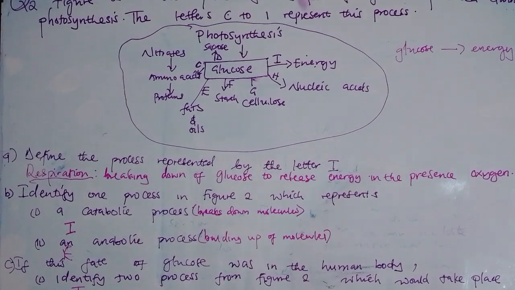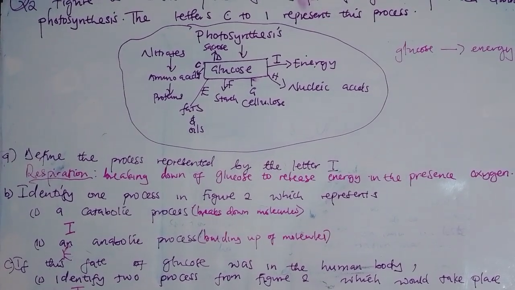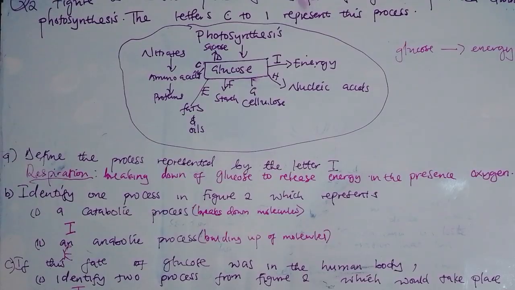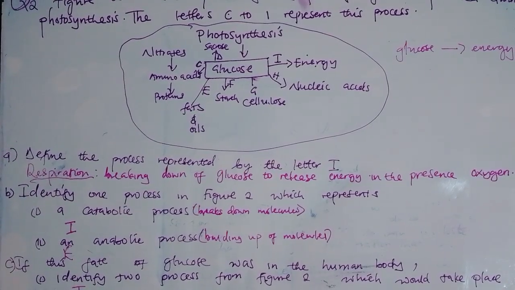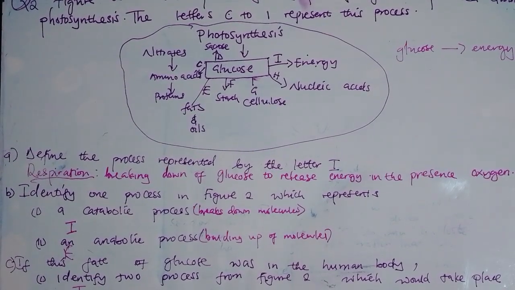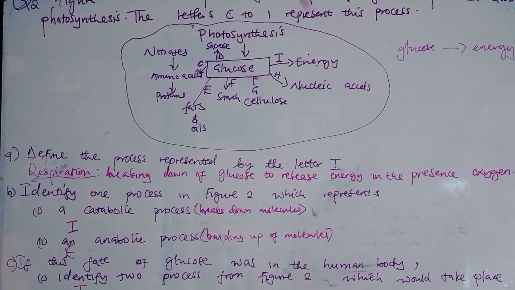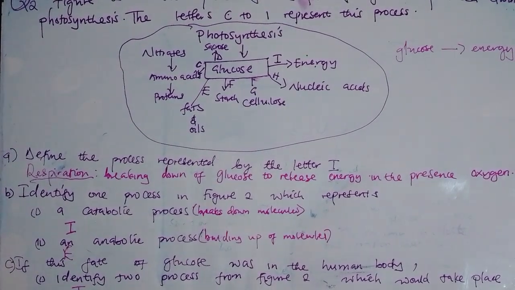So the form in which glucose is stored in human beings is basically glycogen. You need to remember this.